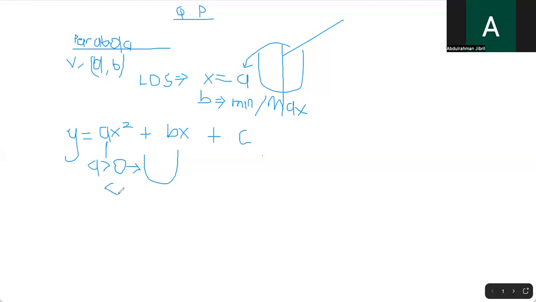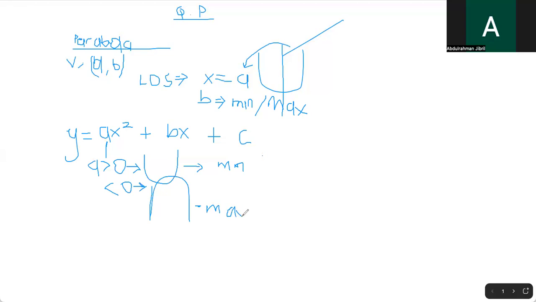Then when it's less than 0, obviously we know then the curve will point downwards. Now, subsequently, it means that this curve would have a minimum value, whereas this will have a maximum value.